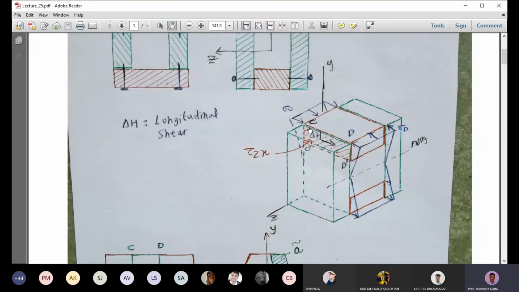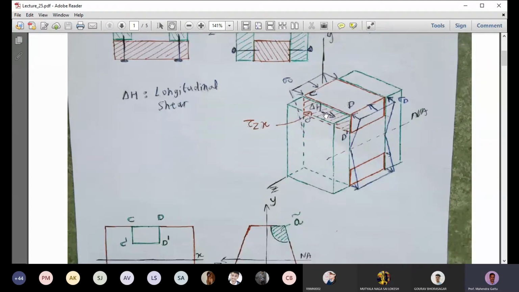So there will be some shear stress on this vertical face. We want to find the shear coming on this area. This shear is directed along the axis of the beam. The x-axis is in this direction, y is upward, and z is in this direction.